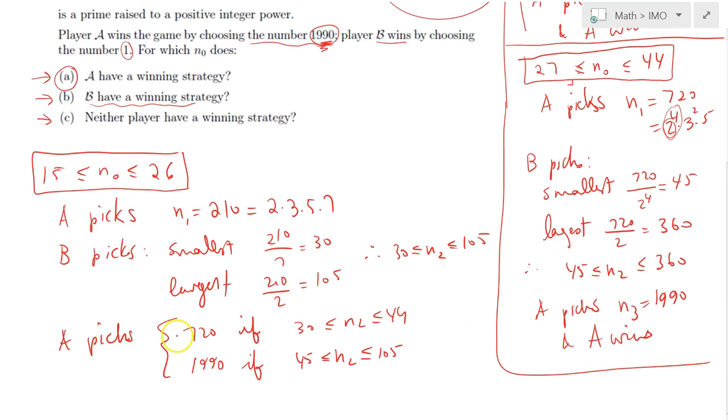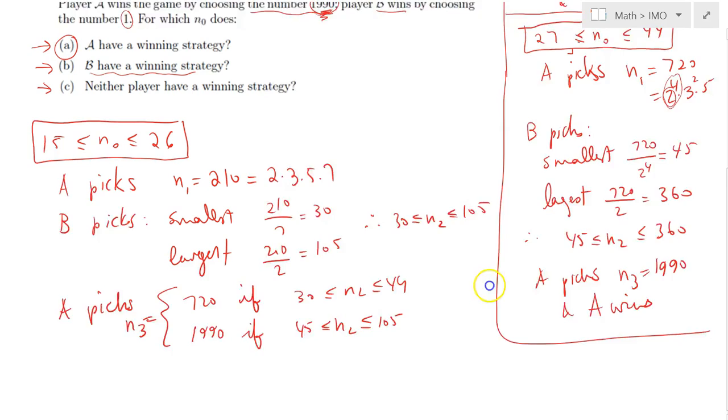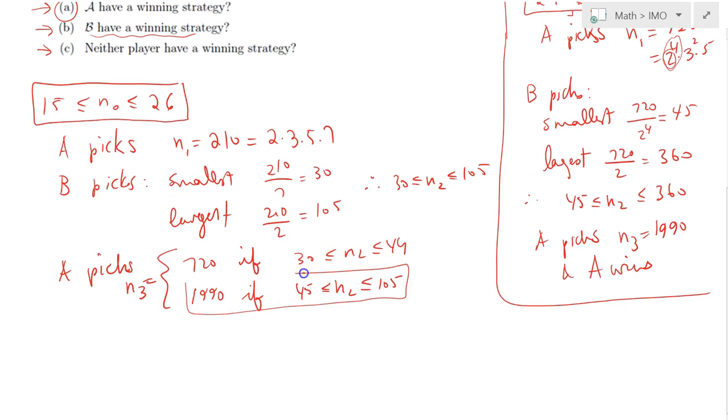When the latter situation happens, A picks n3 equals 1990, so the game will automatically end.